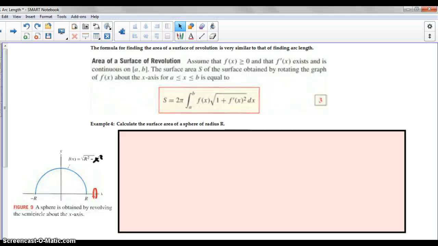In order to calculate the surface area of a sphere of radius r, we take the equation of a circle that goes from negative r to r, and we just take the top half, the semicircle. So the way this starts is we want to think of a circle with equation x squared plus y squared equals r squared.